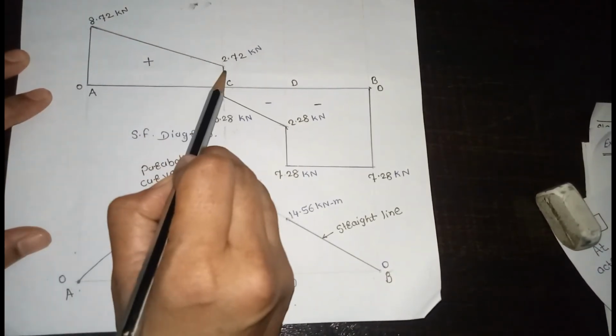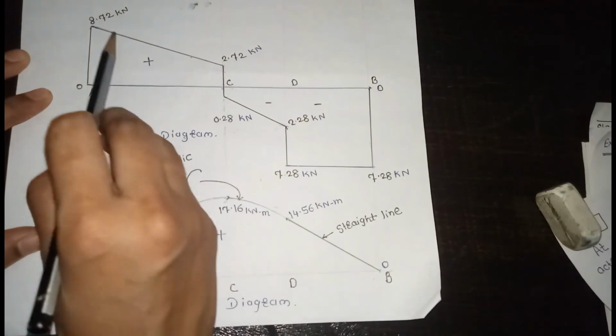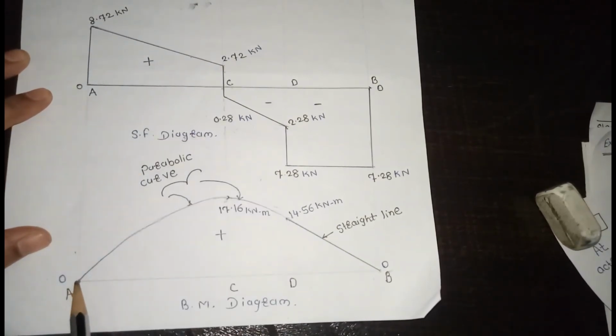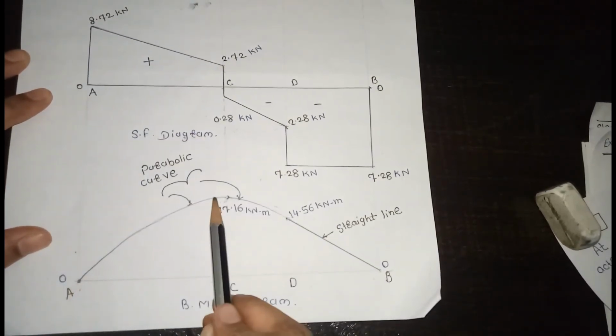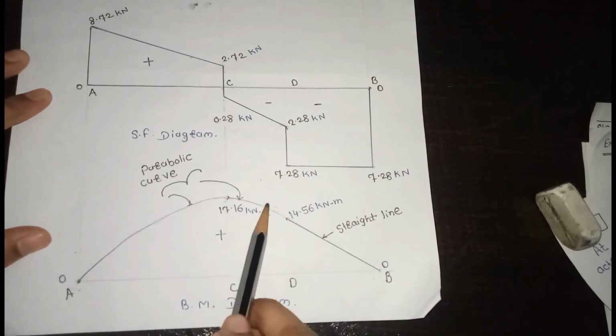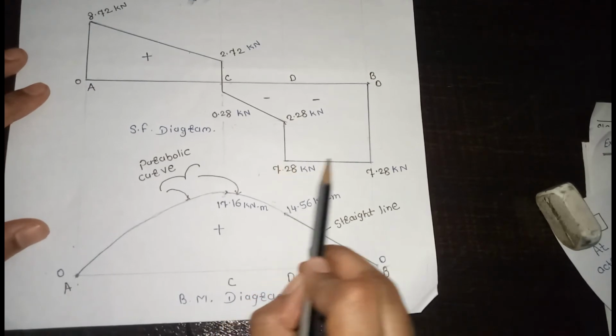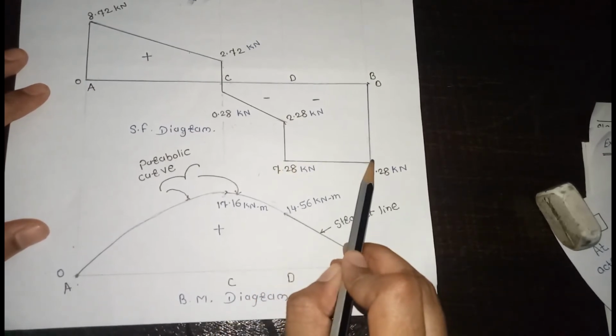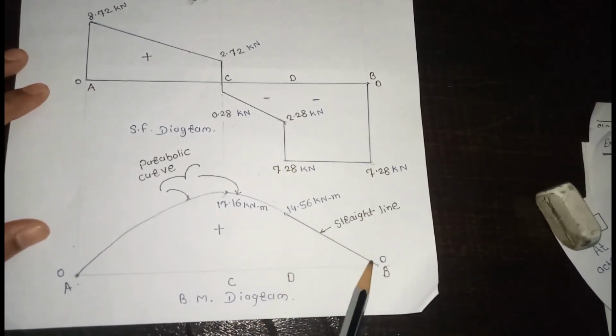This point to this point is the inclined line, and in the bending moment diagram, this point to this point is the parabolic curve. This point to this point is the horizontal line. This point to this point is the inclined straight line.